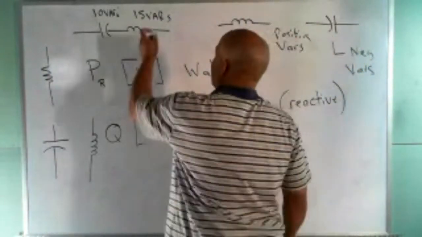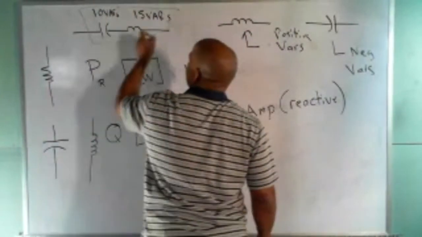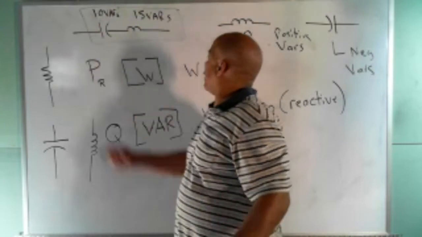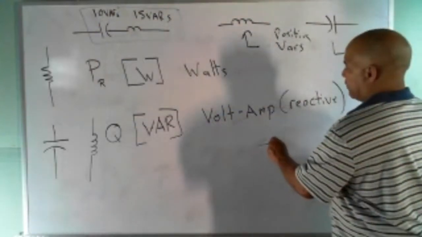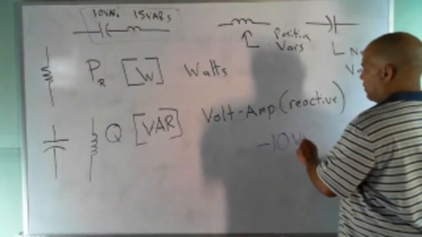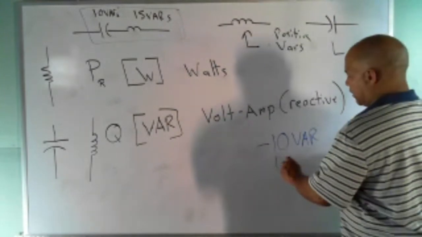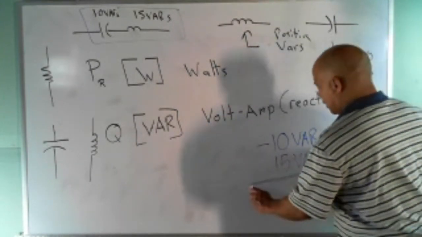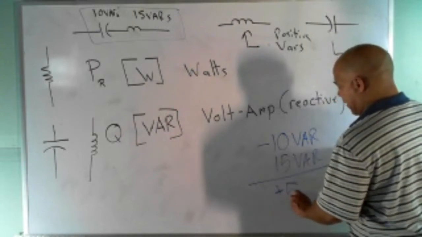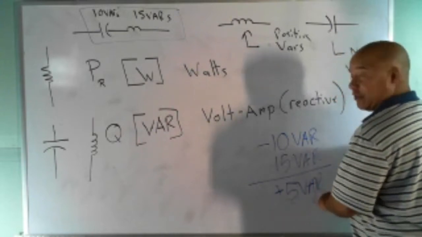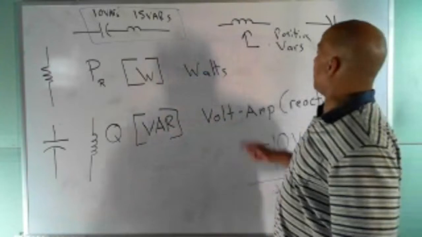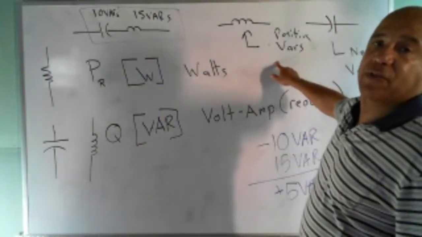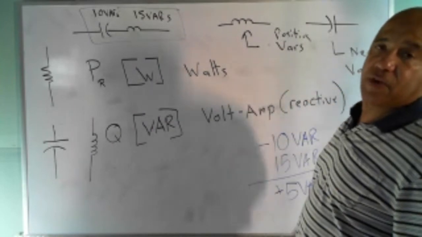You have to supply the negative sign. So I have negative 10 VARs from the capacitor and positive 15 VARs from the inductor, so I would have a positive 5 VARs. That would be my net reactive power. So you have to remember this idea of negative and positive VARs. By definition, the capacitive VARs are negative and the inductive VARs are positive.